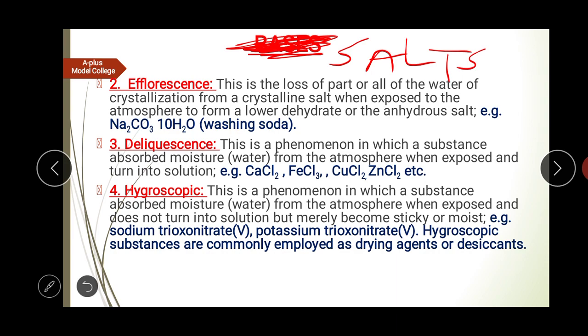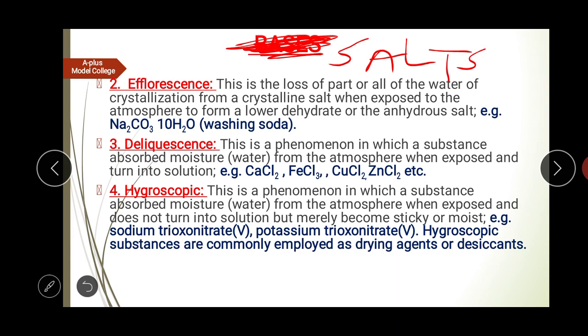An example of a salt that undergoes efflorescence is sodium carbonate decahydrate. That is what we call washing soda. Washing soda is an example of a salt that has the tendency of giving off its water of crystallization to the atmosphere when exposed.